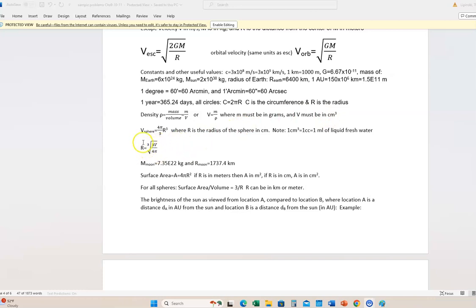Just to let you know, of course, the volume of any sphere is 4 times pi divided by 3 times the radius to the third power. However, if you know the volume, which we're about to figure out, and it really wants us to solve for the radius, the radius is the cube root. All I did here is solve this equation for r.